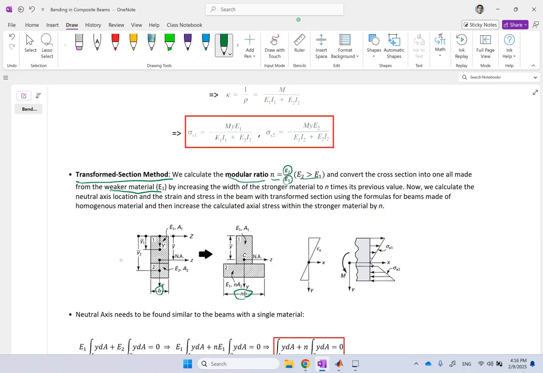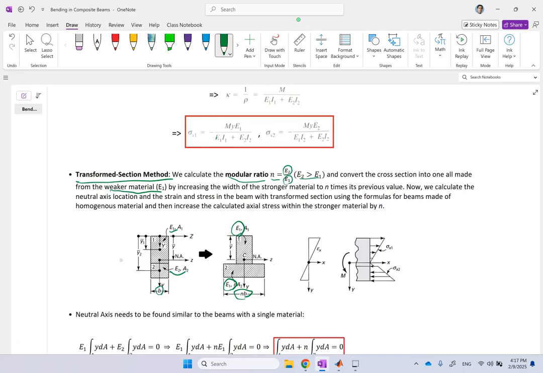And now I assume this whole thing is made out of material 1 as opposed to 1 and 2. It's a uniform material, it's a homogeneous thing. And now I find the neutral axis for this cross section, this T as opposed to that rectangle. I find that, and then I find the stress and the strain accordingly.